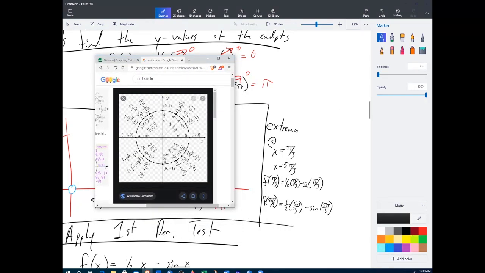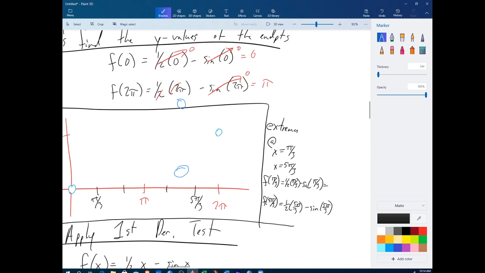We're dealing with sines here, so it's the y value I want at those angles. Oops. Forget that, that goes away.